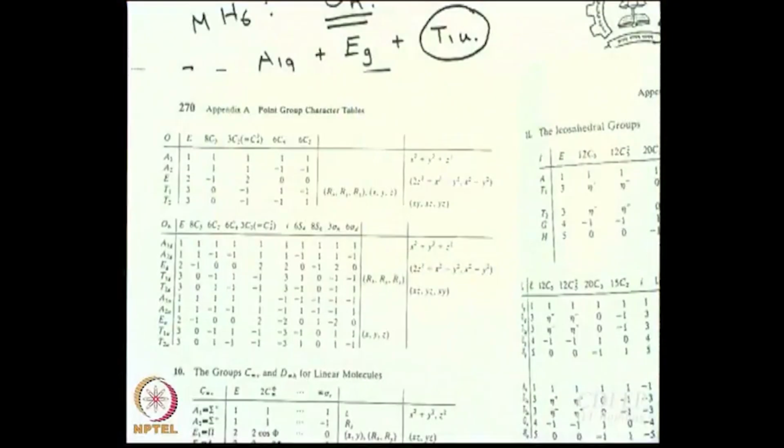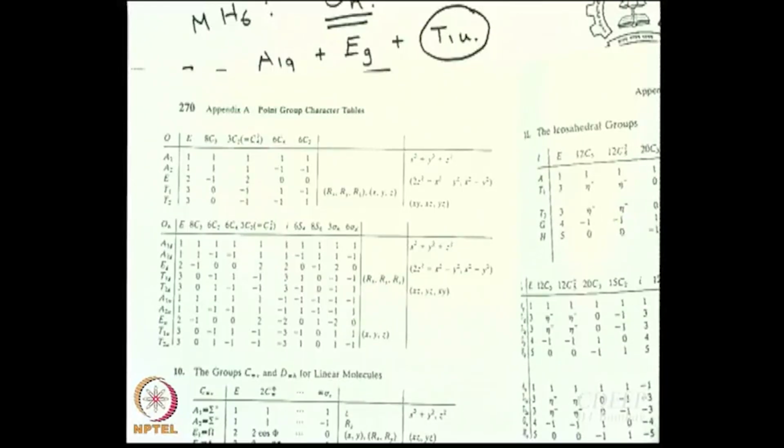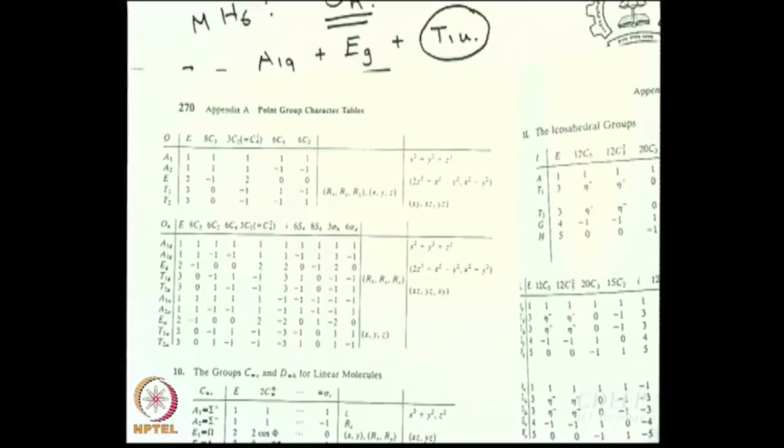Then what is next? C2. What happens when you apply C2? Sigma 1 and sigma 3 interchange. Sigma 2 and sigma 4 interchange. What do you get? But what does not interchange? 5 and 6 don't interchange. So what is it that you get? Sigma 1 becomes sigma 3, right?